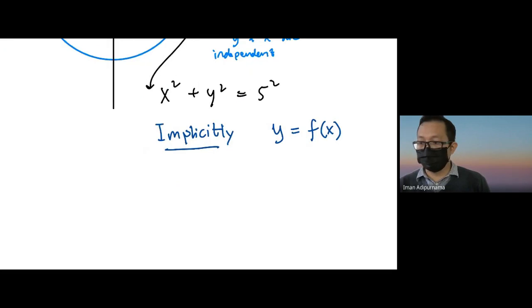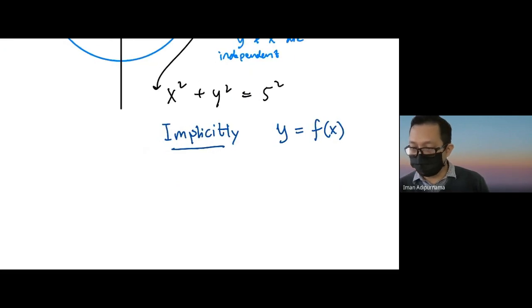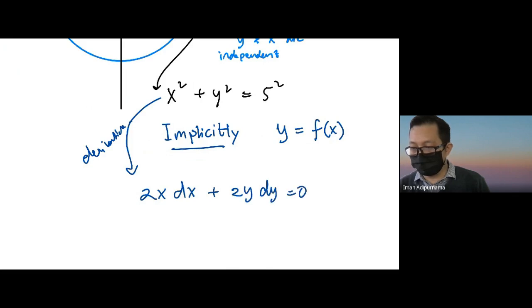That's why, for implicit differentiation, the beginning is that we take the derivative of each variable with its own dx and dy. So for example, we take the derivative here: 2x dx plus 2y dy equals 0.